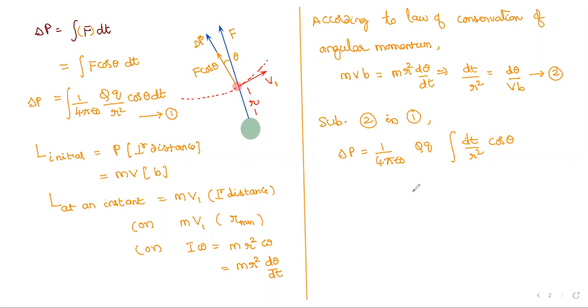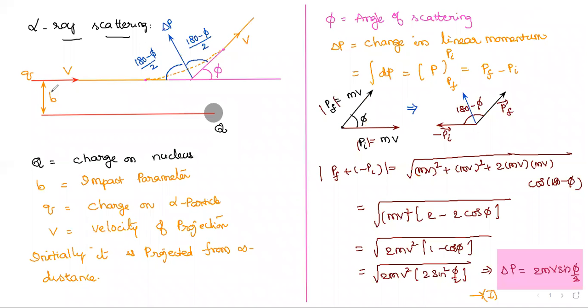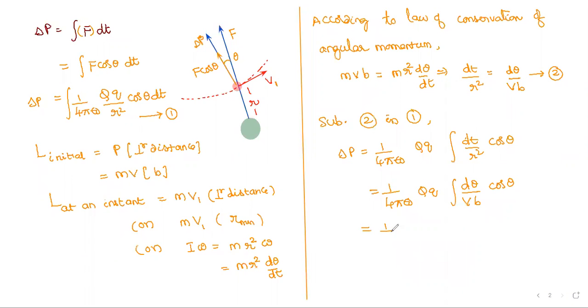Now in this formula, dt by r square, I'm going to substitute 1 by 4 pi epsilon naught q into integral of dt by r square, second one, substituting in this equation, that is d theta by vb into cos theta. Again, v and b are the initial velocity and initial perpendicular distance, they are constants. So you can take 1 by 4 pi epsilon naught and also vb out of the integration, q by vb.